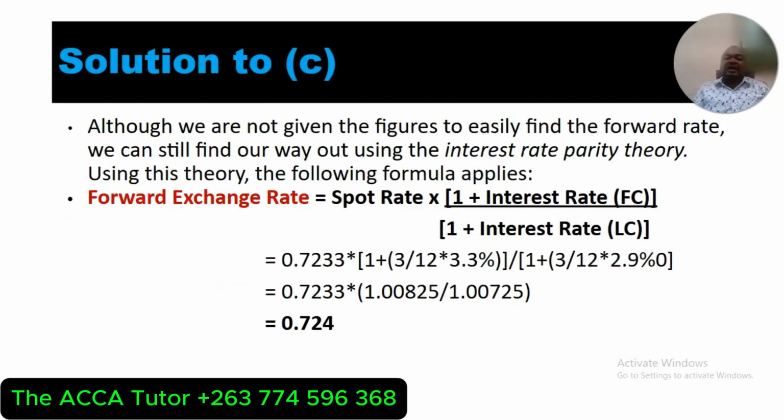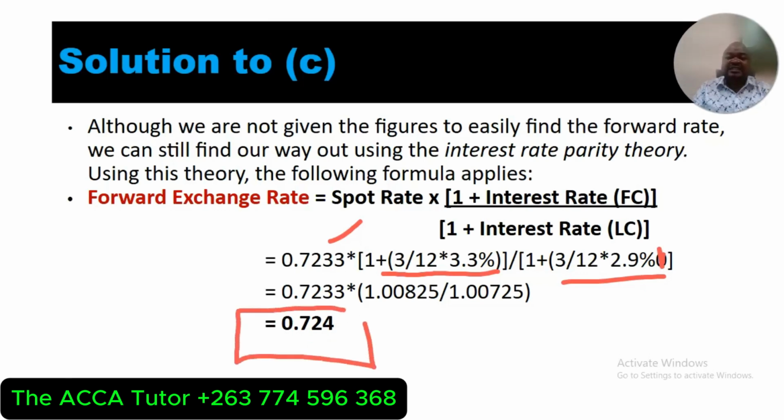We use the spot rate, and we also have to adjust for 3 months. Also here we adjust for 3 months. And we then come to, just ignore this 0, it's not there, it's a typo. And you can see that the forward is an inflated rate.